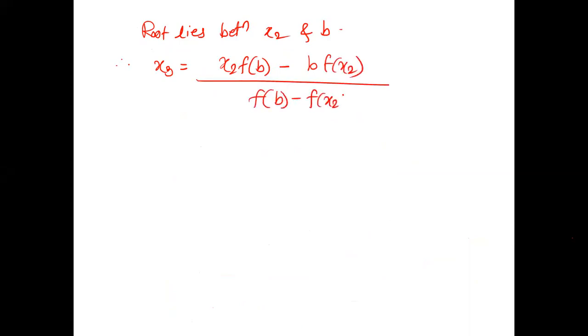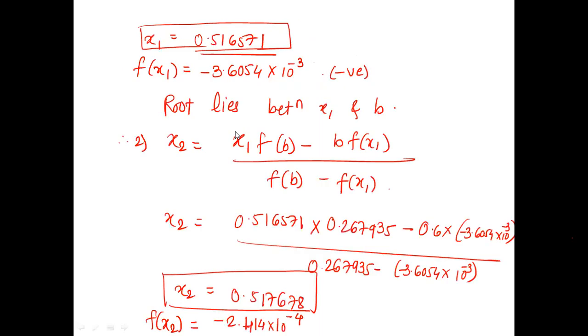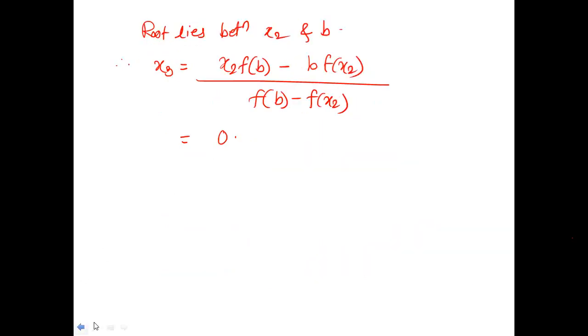So x2 is 0.517678. Into f of b, 0.267935, minus b.